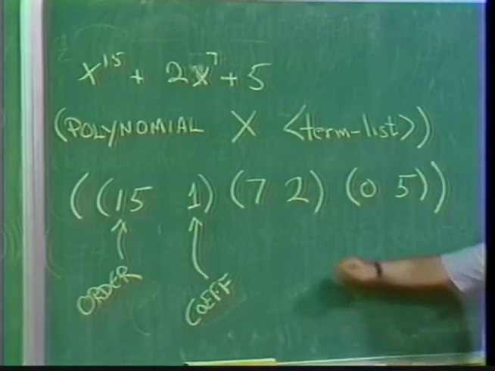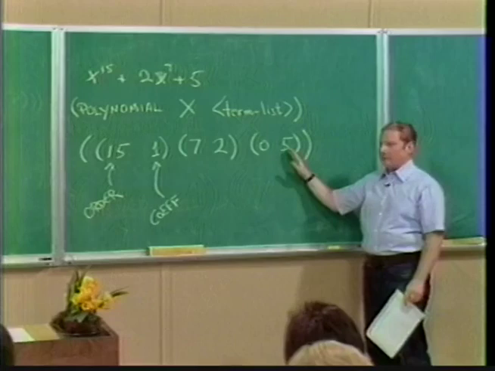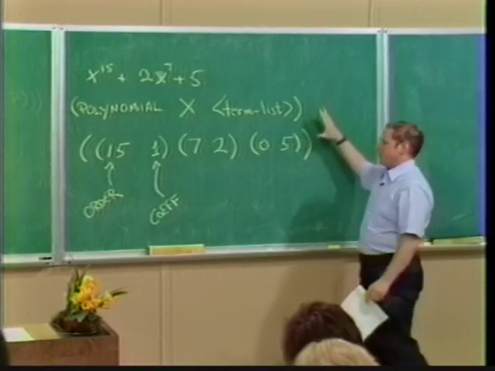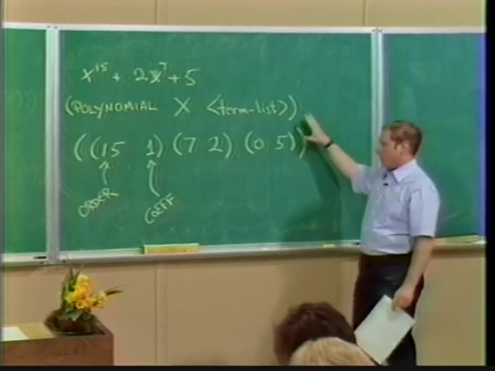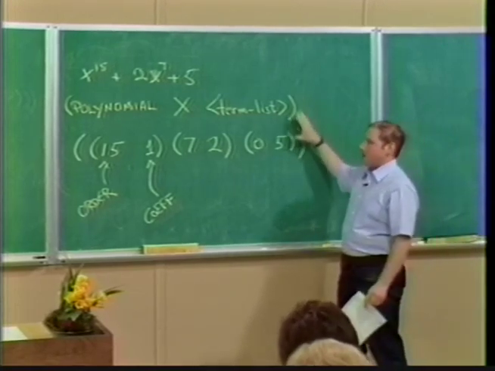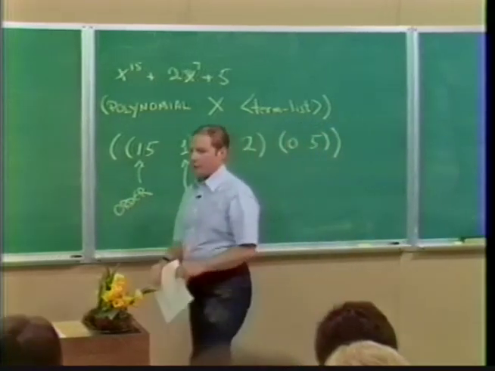And the next thing in it is a term of order 7 and coefficient 2, a term of order 0, which is constant, and coefficient 5. And there are lots and lots of ways and lots of trade-offs when you really think about making algebraic manipulation packages about exactly how you should represent these things. But this is a fairly standard one. It's useful in a lot of contexts.